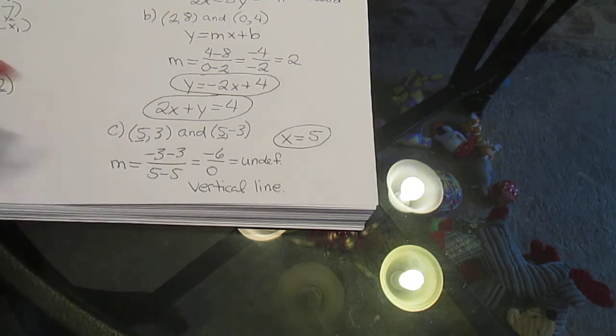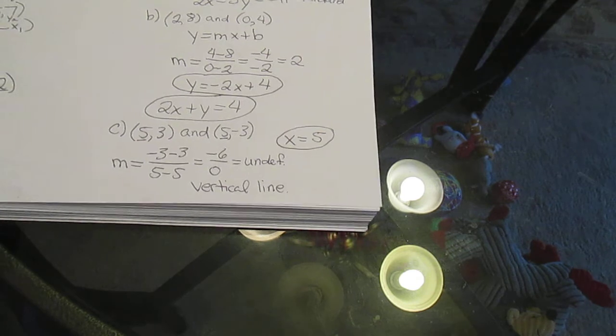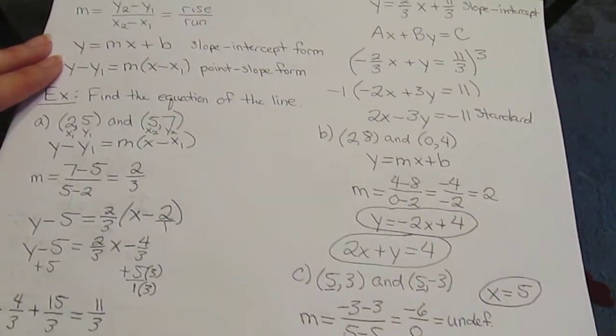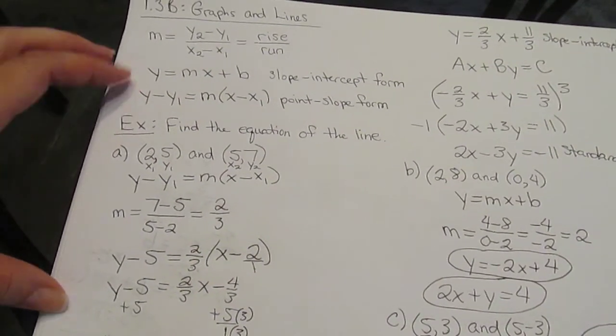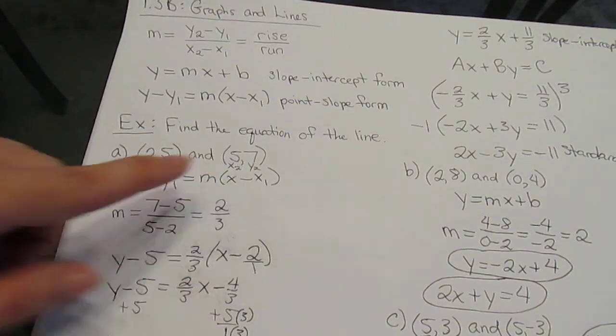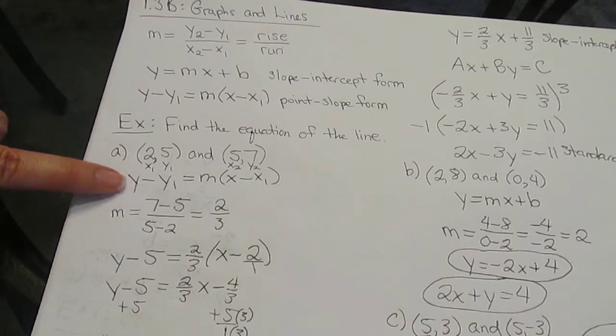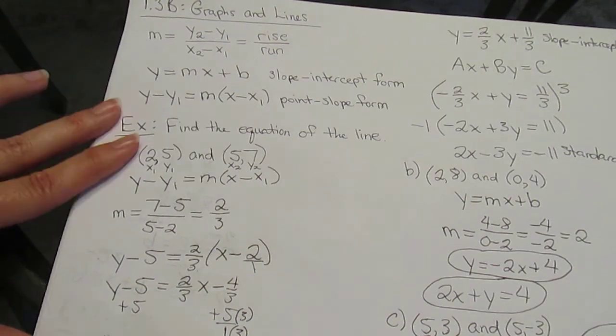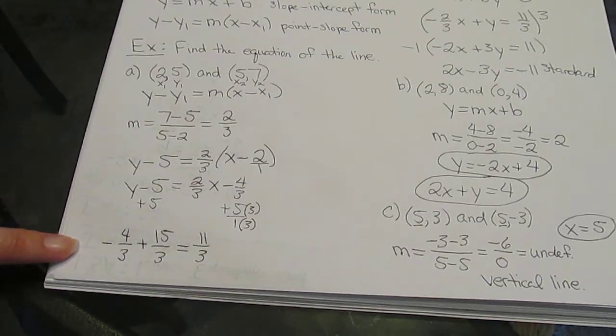Okay, so take a look at your problem to begin with to see what work could be saved when doing the problem. If you have a problem that doesn't have the y-intercept, well, then you just have to use point-slope form and do all of the steps.